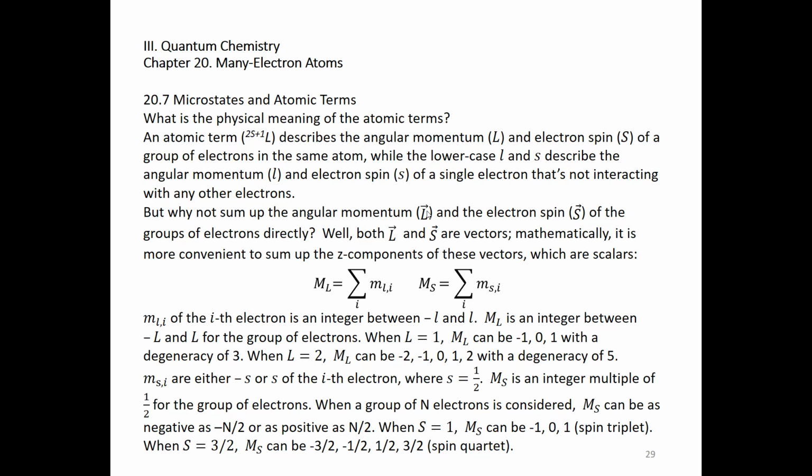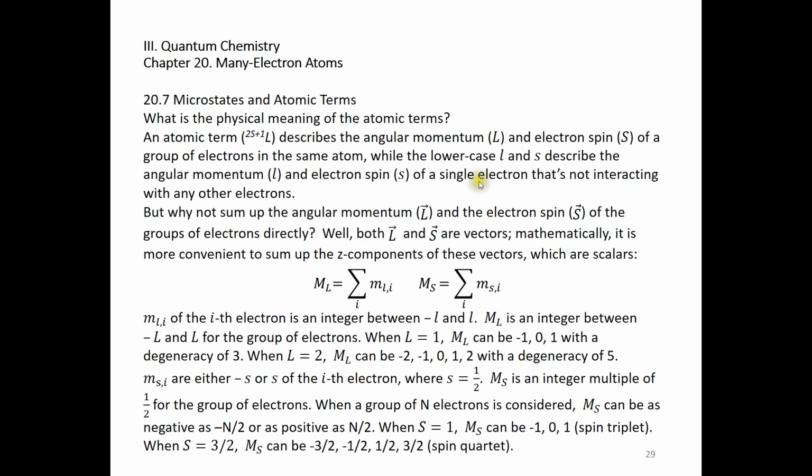But if you just look at the Z component, it is just a scalar, so we can directly sum up the Z components as if they are just numbers. Therefore, we like to sum up M sub L for a group of electrons, and we sum up M sub S for a group of electrons. It's just easier that way.